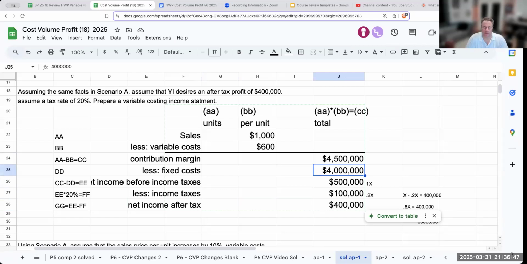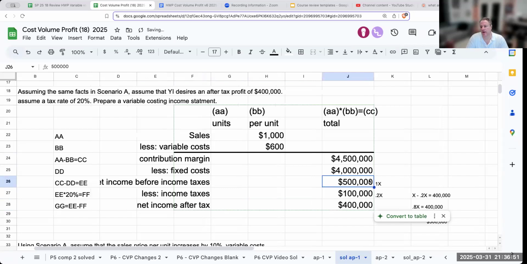4.5 million minus 400,000 gives me net income before income taxes of 500,000, minus 20% gives me net income after tax of 400,000. Now I'm ready to look at the relationships again. My sales minus my variable costs per unit gives me my contribution margin per unit.